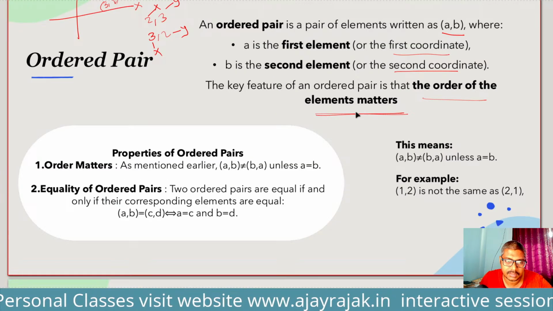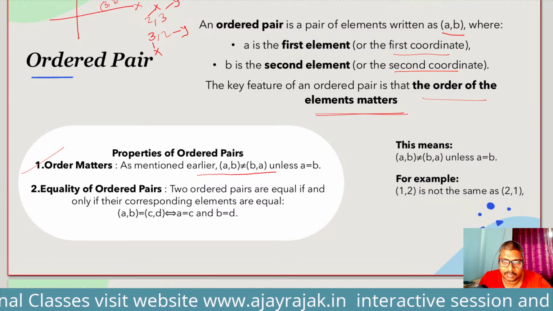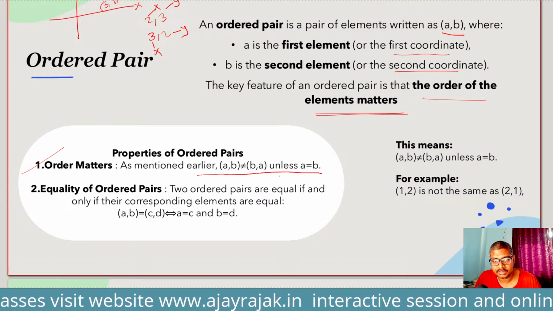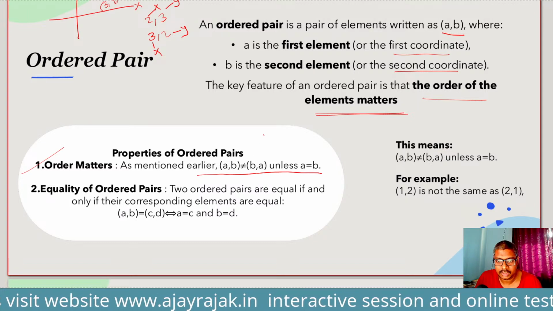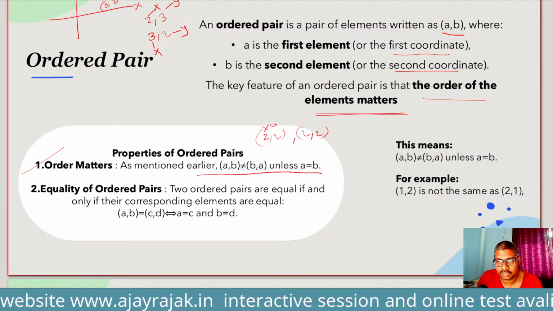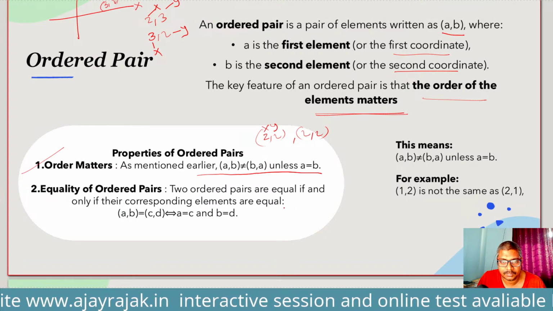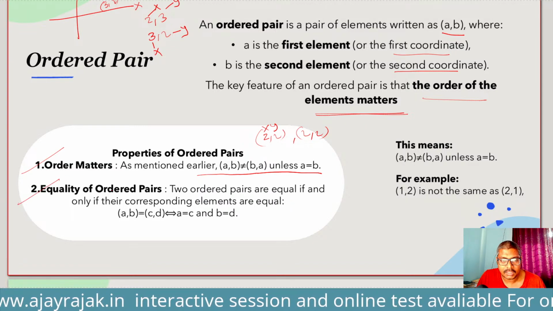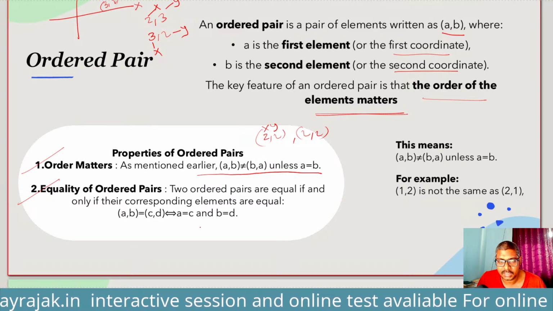Properties of ordered pairs. Order matters as mentioned earlier: (A, B) is not equal to (B, A) unless A equals B. When they are different, order matters, but when they are equal, order does not matter, because (2, 2) is the same as (2, 2). Equality of ordered pairs: two ordered pairs are equal only if their corresponding elements are equal.